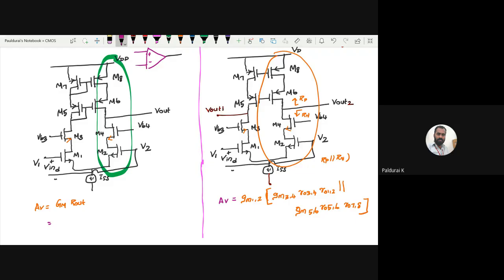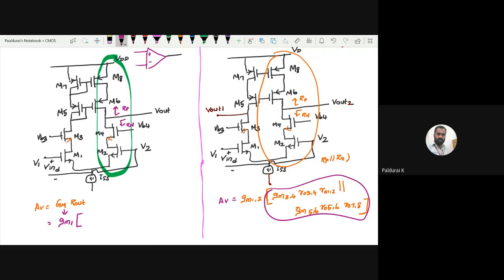For any cascode, the transconductance is the transconductance of the input transistor. Here the input is gm1, so Gm is gm1. What about Rout? The same one. Resistance seen up, resistance seen down. Let me call this Rp and this Rn. The same Rout that we got here.